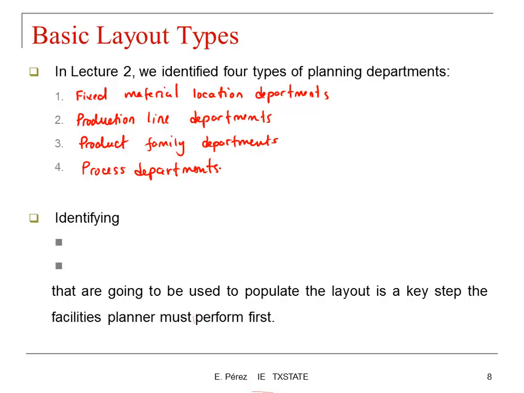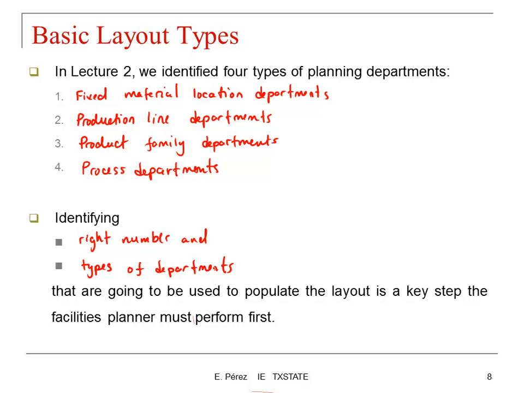And that could be a good question for the exam. So if you want to just highlight that. Identifying the right number and types of departments that are going to use to populate the layout is the key step for the facilities planner, and that's what you need to perform first.